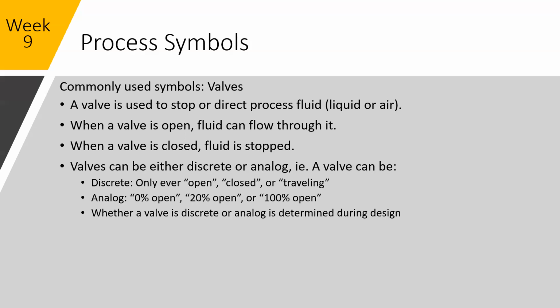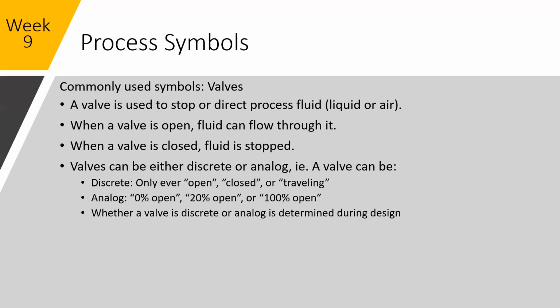You can have discrete valves, where you tell it to open and it will open to 100%, and tell it to close and it'll close to 100%, and then it will have a traveling state, so it's neither open nor closed. You're going to have an analog valve, or modulating valve, where you would use a 4 to 20 signal to tell it to open to 20%, open to 100%, close to 0%.